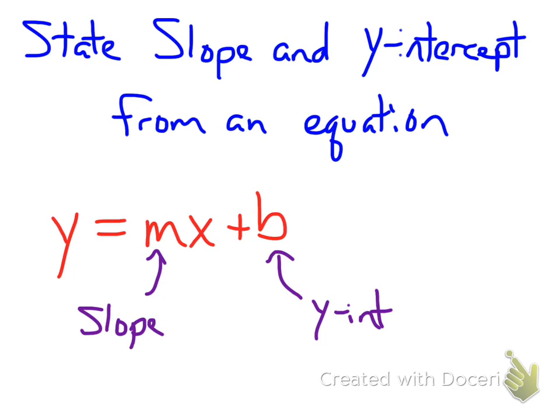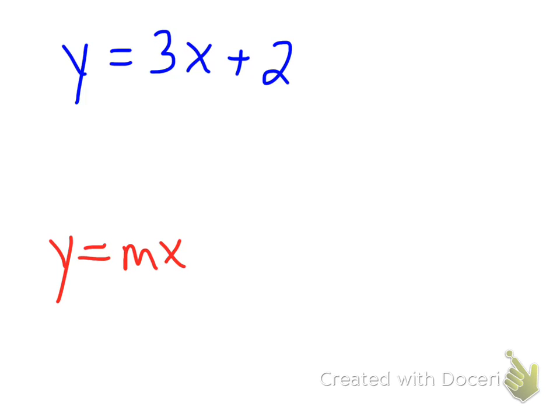So let's look at a few examples. If we have the equation y equals 3x plus 2, thinking of our slope-intercept form, the value that is multiplying the x, which is your slope, in this case, is 3. So your slope, or your m, is 3.